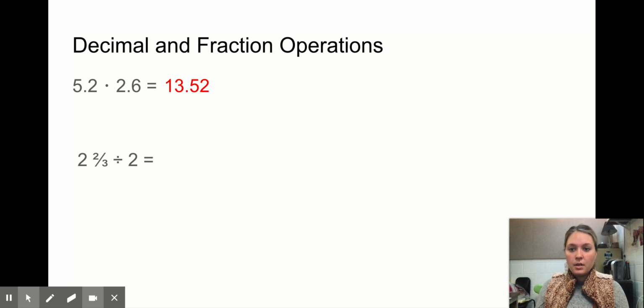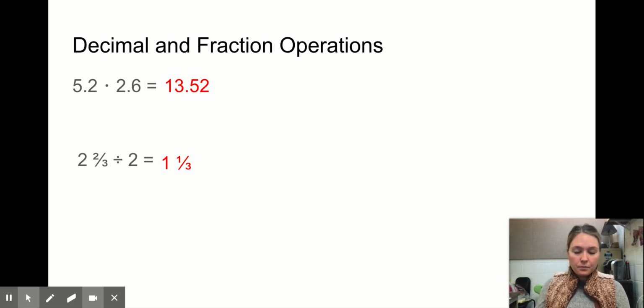Second question, 2 2/3 divided by 2. Here you get 1 1/3. The way you need to do this is the flip the second guy and multiply strategy. But first, you have to turn 2 2/3 into an improper fraction. You do that by multiplying 2 times 3 to get 6, and then adding 2 to get 8. So 8/3 divided by 2. We have to flip the second guy and multiply.